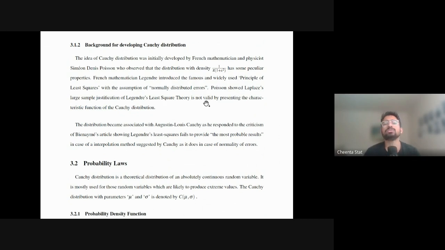So I think what Poisson meant is that the normal asymptotic convergence of the least squares estimates, the variances and the large sample behavior, is not valid if we take the error to be Cauchy distributed rather than normal. Yeah, that's interesting.